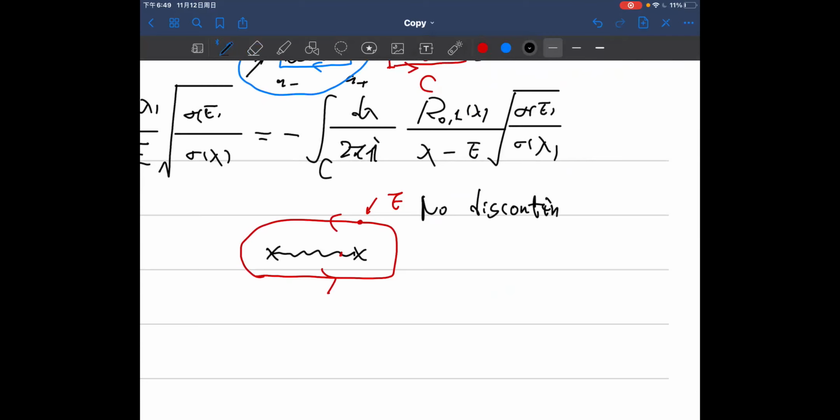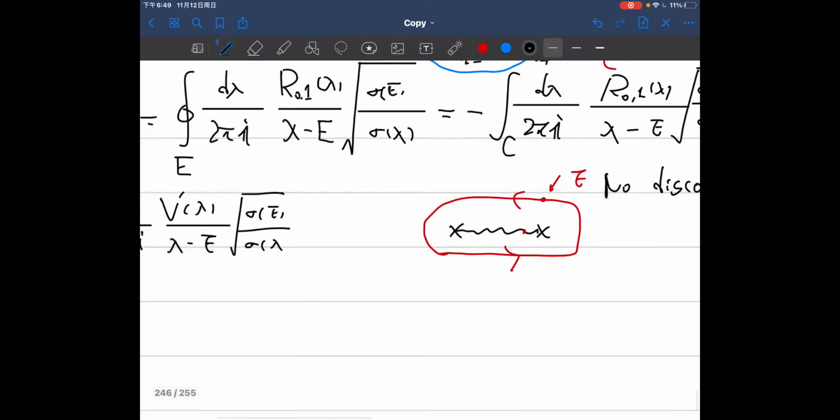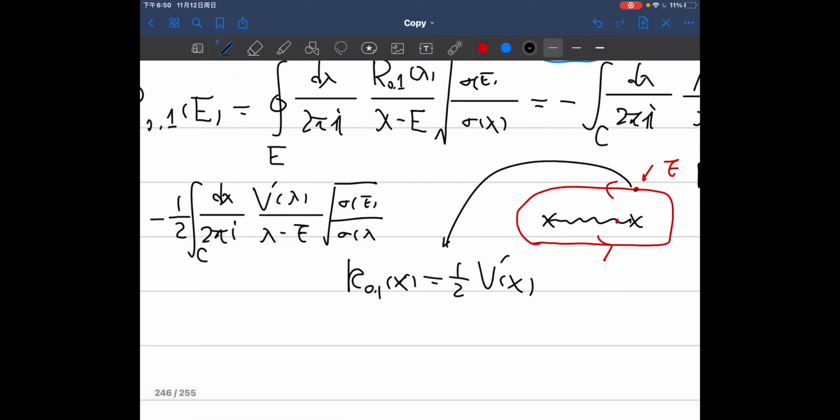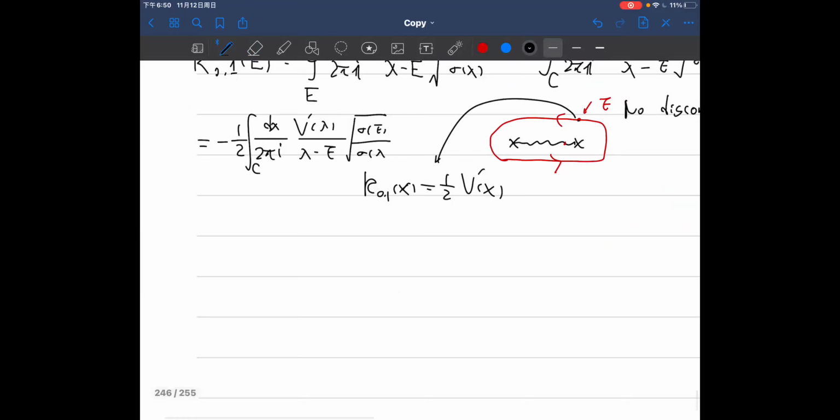So at this point, we can just write R01 x equal to this one. It's just a replacement, nothing else, because our contour doesn't cross the branch cut. So there is no discontinuity. Okay, that's great.